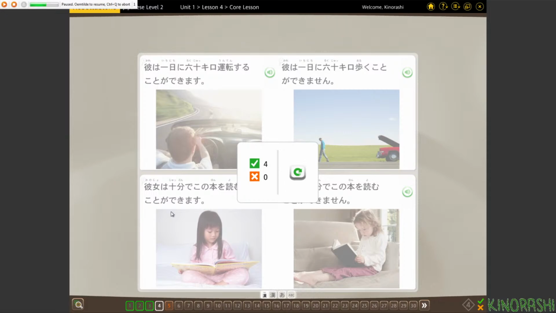This is 1 day, and this is 10 minutes, but that uses de and that uses ni. I wonder if one's just a special case. De could mean method or instrument. Okay, I'm not sure, so I'll just continue on and see if I learn more from these examples.